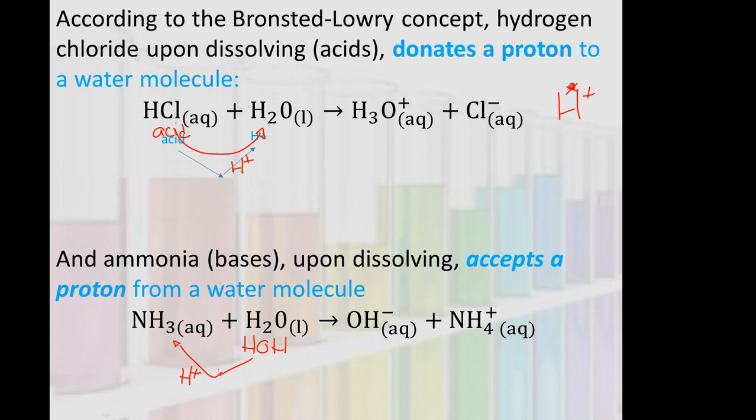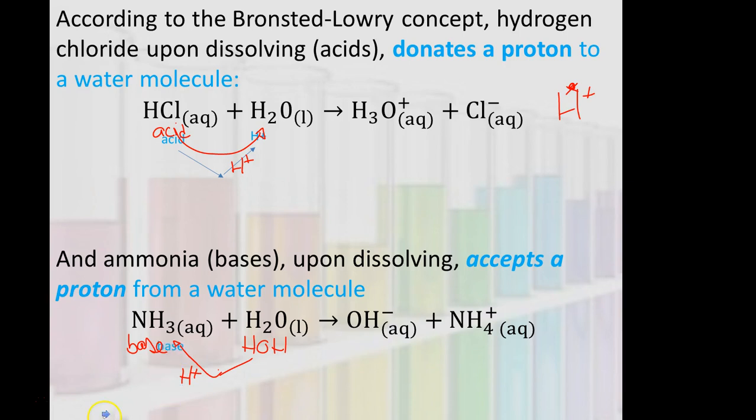Because ammonia is accepting the proton, it is considered the base, while water would then be the acid, and obviously we end up with the hydroxide and the ammonium ion.